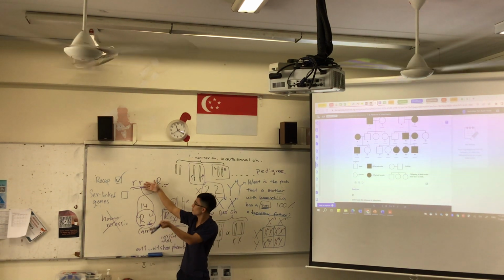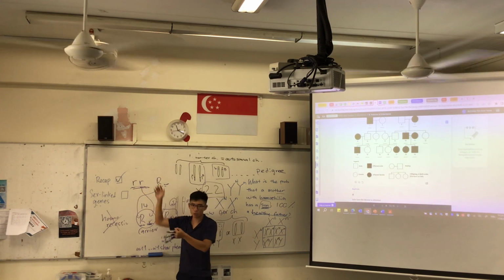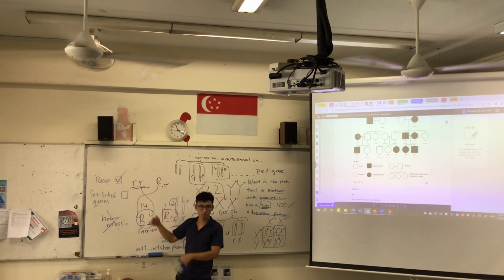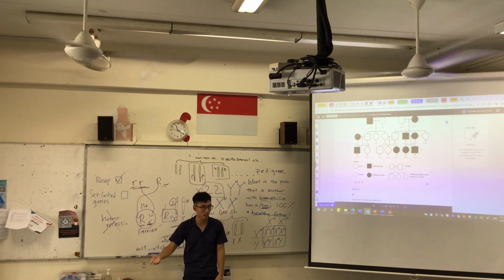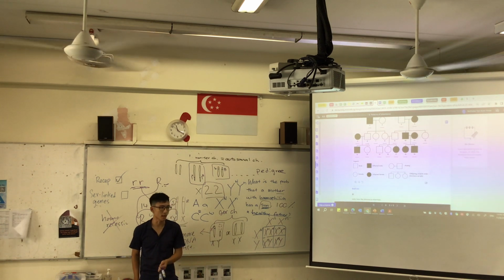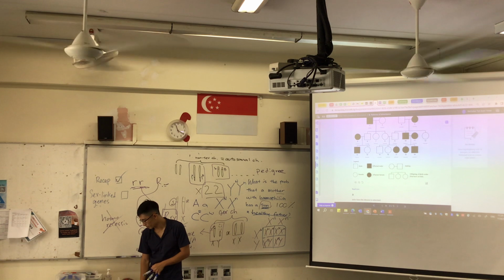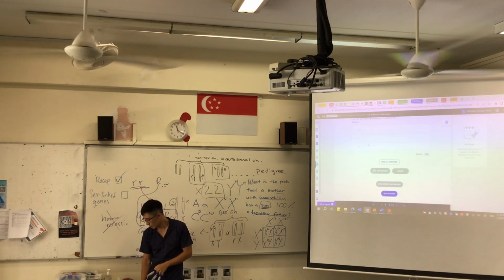We know that mom will likely have to give 1 copy of the recessive allele because mom is homozygous recessive. That's why she shows the recessive phenotype. I'm using all the vocabulary you've used so far. That's the only thing I need you to memorize here. Okay? The vocabulary, the language of biology.